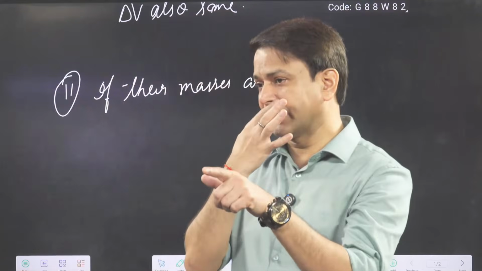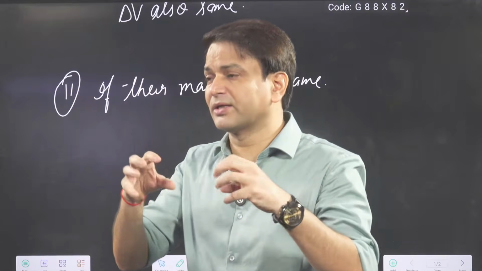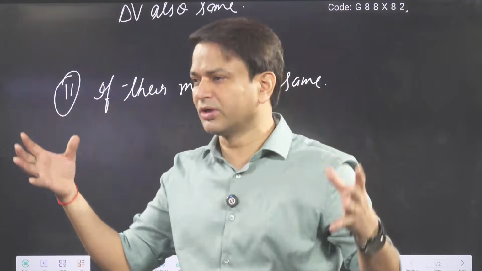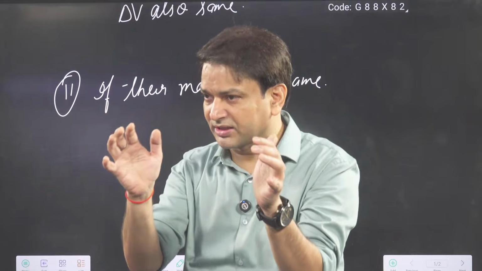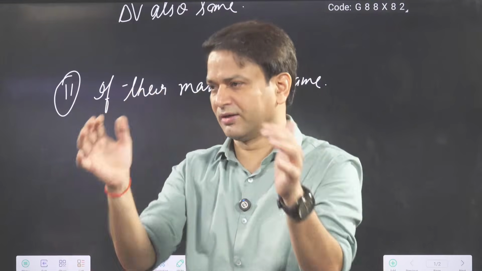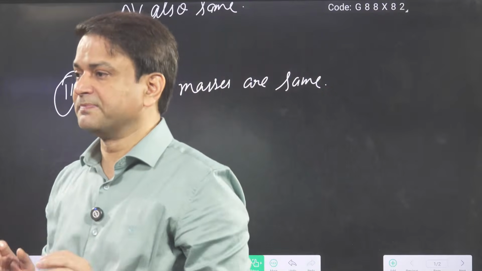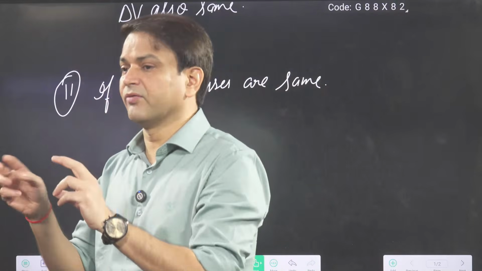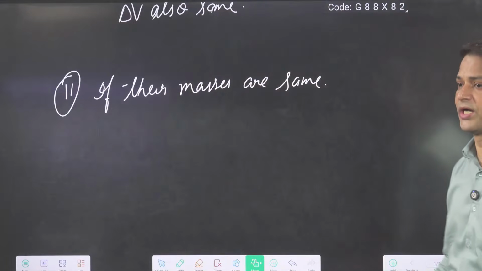In the hollow sphere, you put the whole mass on the circumference. You can think of taking a big balloon and pasting the material only on its circumference. By using your common sense, which sphere will have more volume, or more radius?